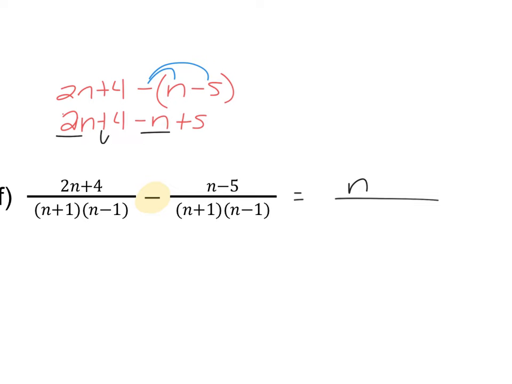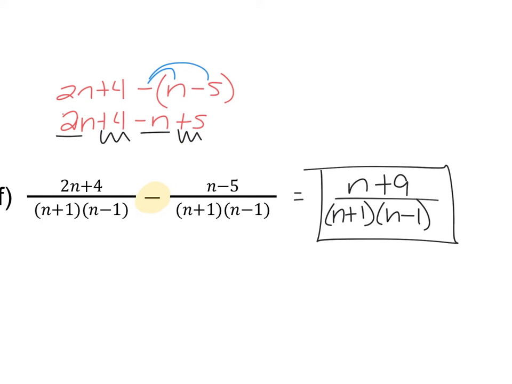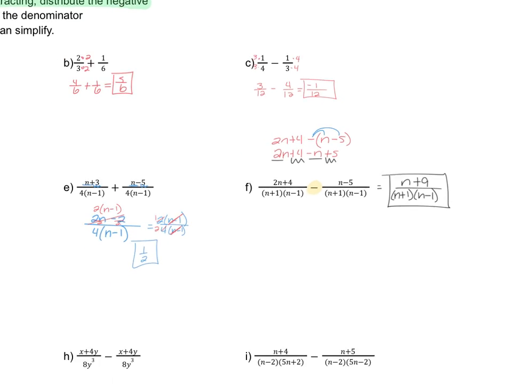And then positive 4 and positive 5 gives you positive 9. And then scooch over the denominator, (n + 1)(n - 1). All right, can you reduce anything? No. Can you factor anything? No. So you leave it just like that.